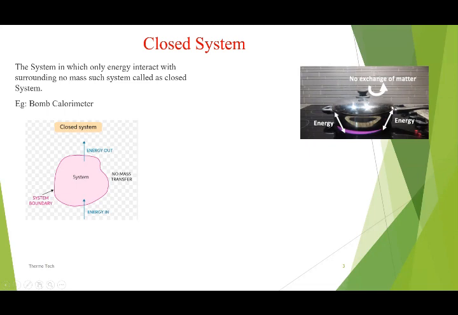But during this process, some amount of heat energy will come through the conductive mode, and it will interact with the surroundings. So only energy is interacting with the surroundings. There is no mass interaction with the surroundings. Such a system is called a closed system. It is one of the best examples of a closed system.